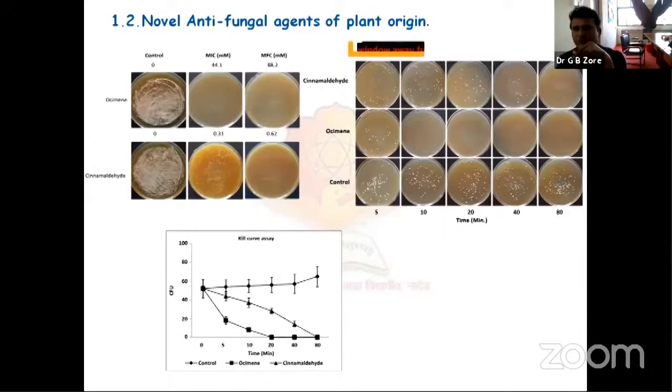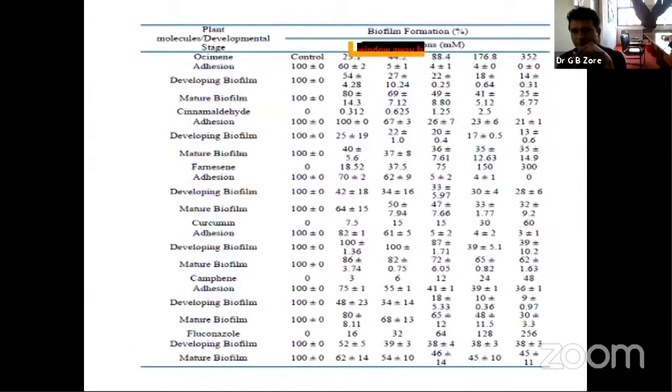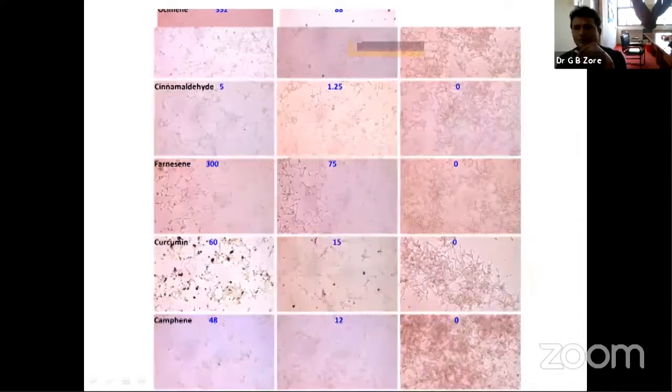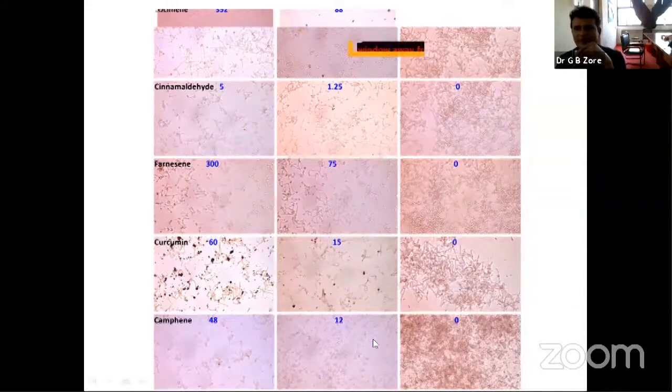So this is the biofilm growth after 48 hours at zero concentration, and then 12 and 48 millimole concentrations in case of campane, 15 and 60 millimole of curcumin, 75 and 300 millimole of farnesene, 1.25 and 5 millimole of cinnamaldehyde, and that's how these concentrations can inhibit biofilm formation.